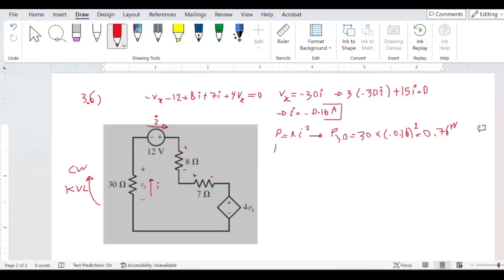Similarly, the power for the 8 ohm resistor can be calculated to be 0.204. And the power for the 7 ohm would be 0.17.